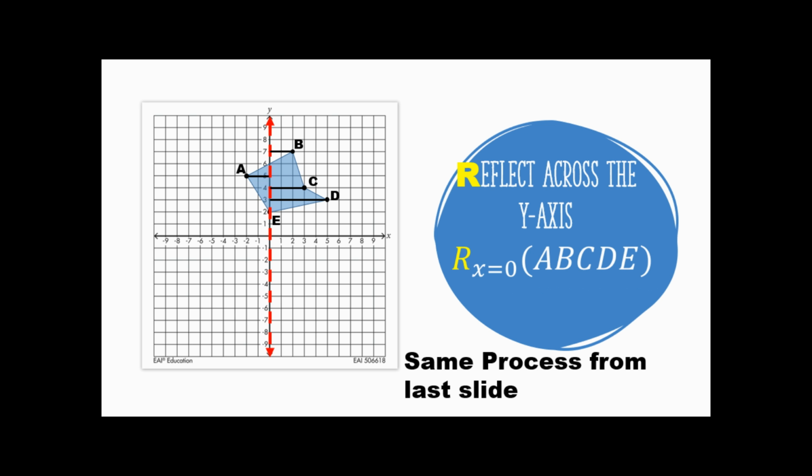We count A by 2, B by 2, C by 3, and D by 5, and we continue on by that same amount and draw our new image. Notice that E, which was on the line of reflection, didn't move, but the rest did. What changed? The y values stayed the same, but the x values swapped the sign.